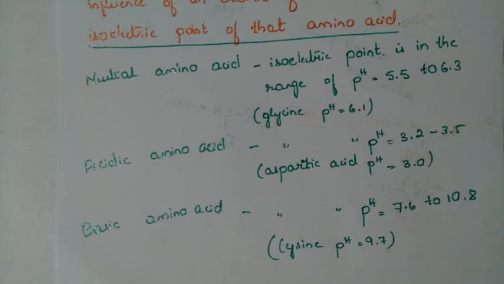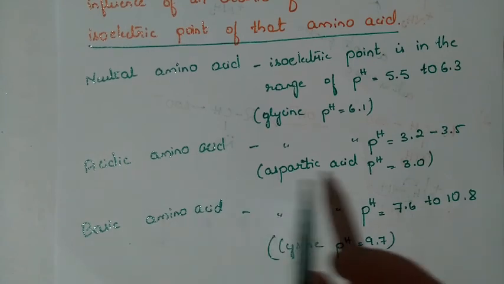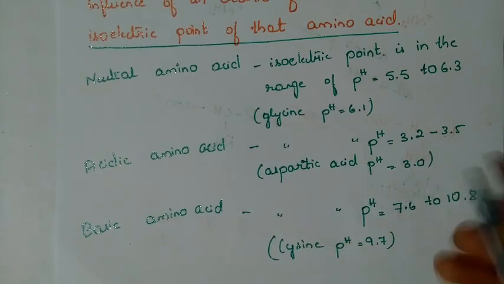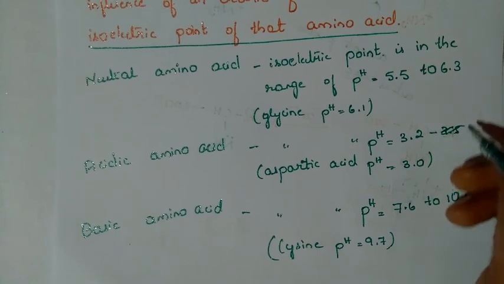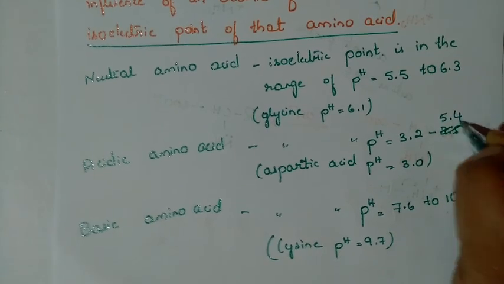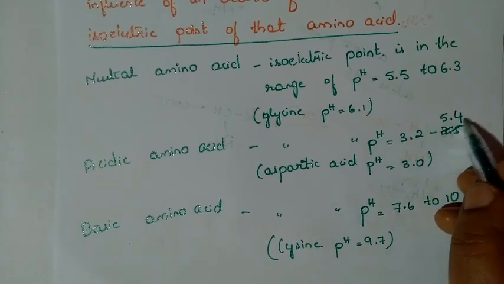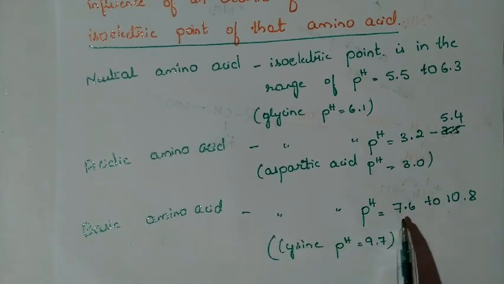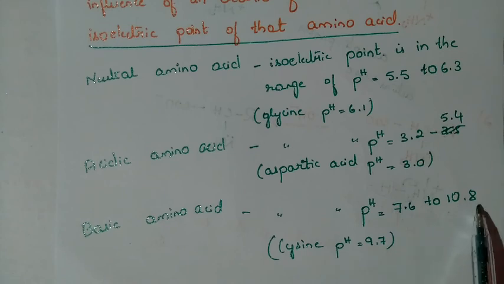So if it is neutral, it is different, as well as if it is acidic, the isoelectric point ranges from 3.2. There is a slight change. It is not 3.5, it is 5.4. So 3.2 to 5.4. And likewise, if it is basic, it ranges from 7.6 to 10.8. So this is the isoelectric point of different amino acids.